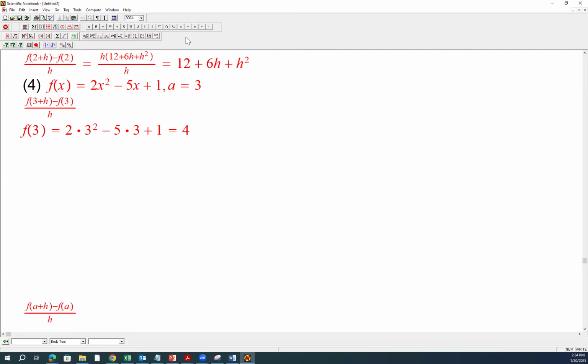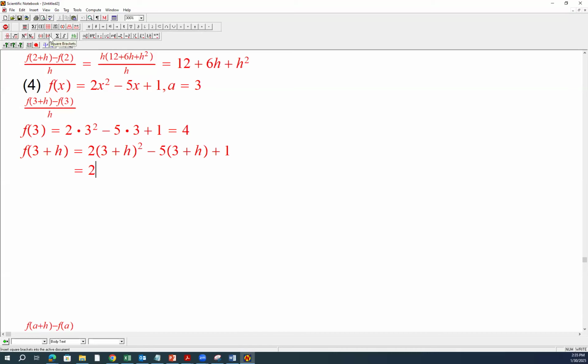Okay, arithmetic. f of 3 plus h. This part gets more interesting because we have a little more complex situation. x will be replaced by 3 plus h. So we see some work to be done, right?